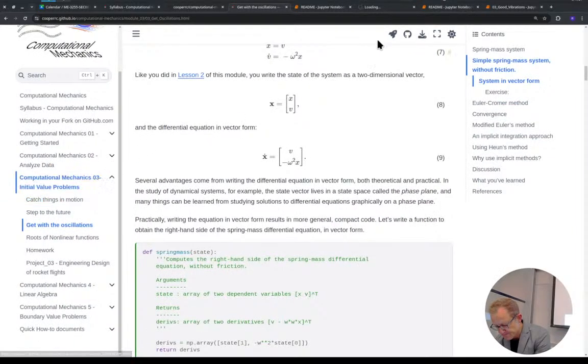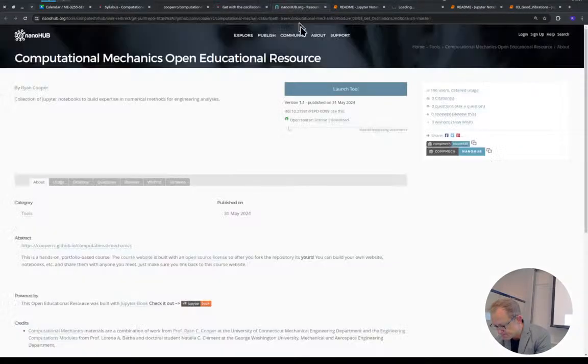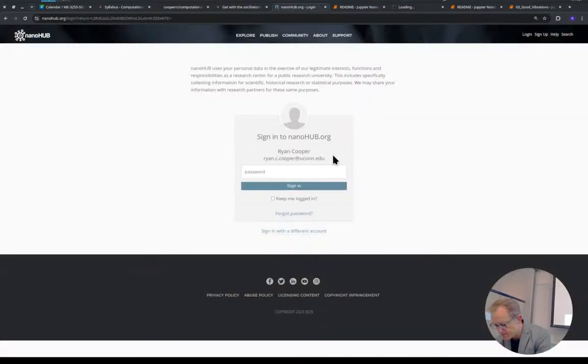Loading, maybe. Launch. Oh, I'm not logged in, that's why.